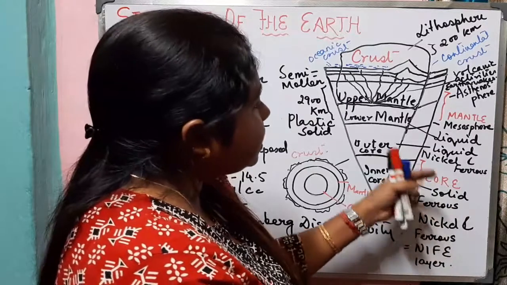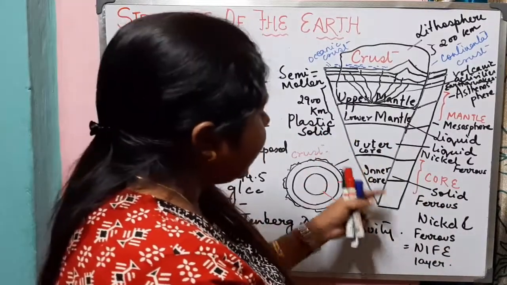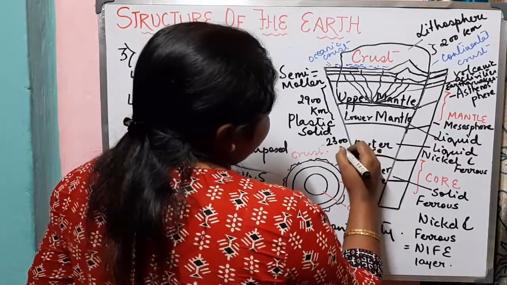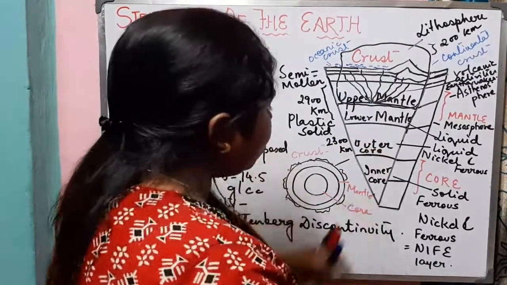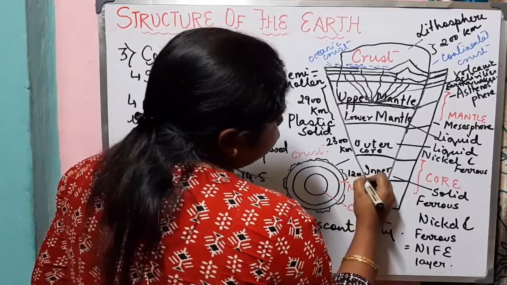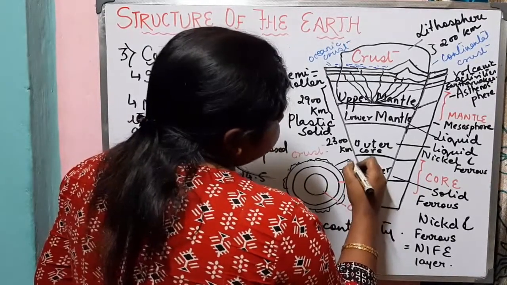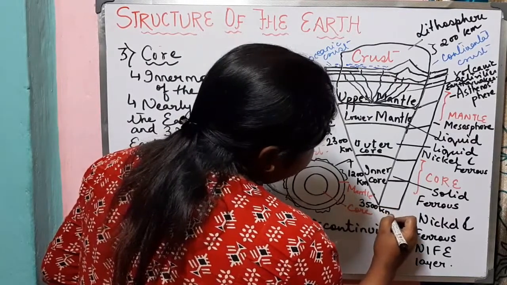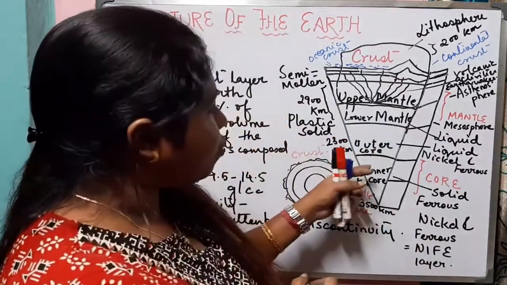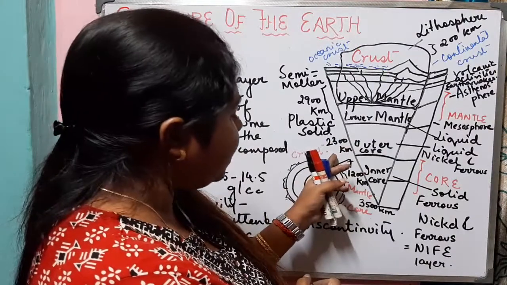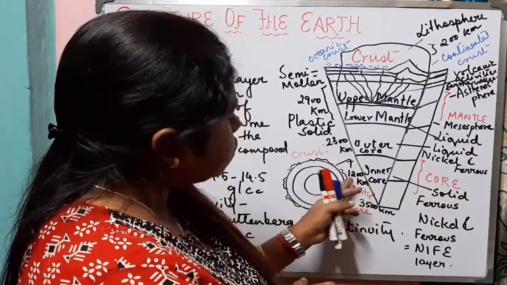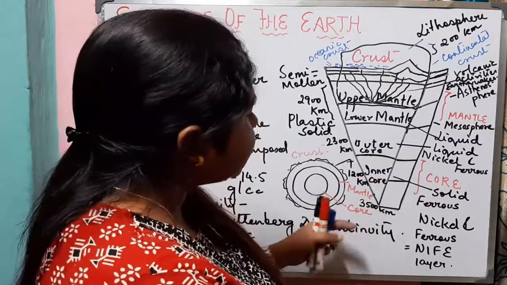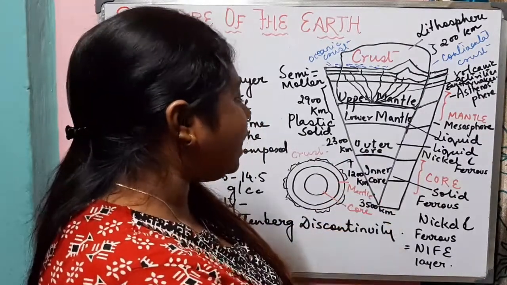In terms of thickness, the outer core has a thickness of 2300 kilometers and the inner core has a thickness of 1200 kilometers. In total the core has a thickness of 3500 kilometers.